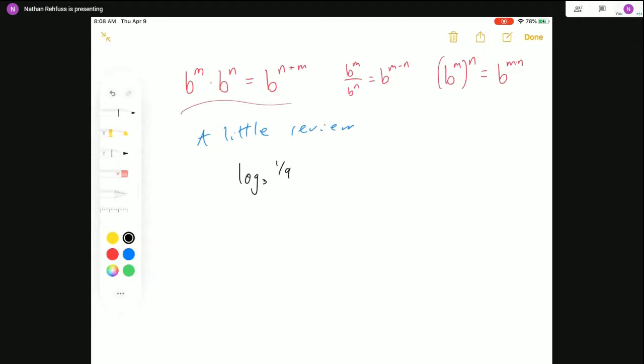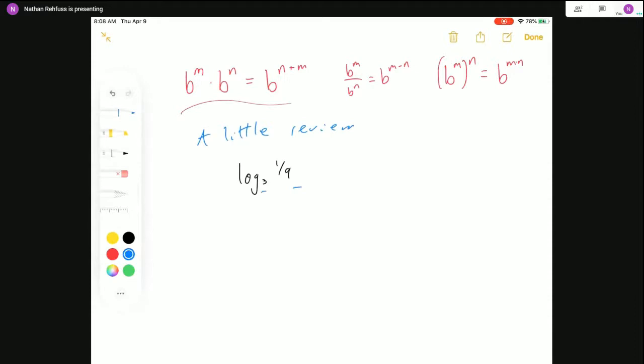And once you've done enough of these, you'll be able to look at the base, look at the argument, and say, oh, I know the answer. I know what process gets from here to here.